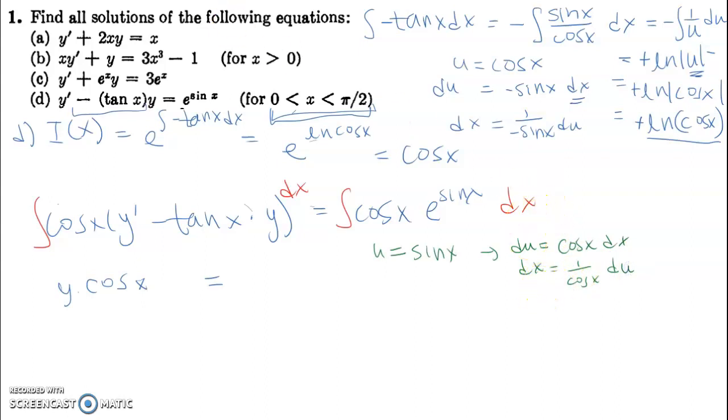So substituting these values, the 1 over cosine is going to cancel out with the cosine. So we have the integral of e^u du. And we know this is just going to give us e to the power of u plus c. And we can substitute u back in. Our u was sine x, so we have e to the power of sine x plus c.